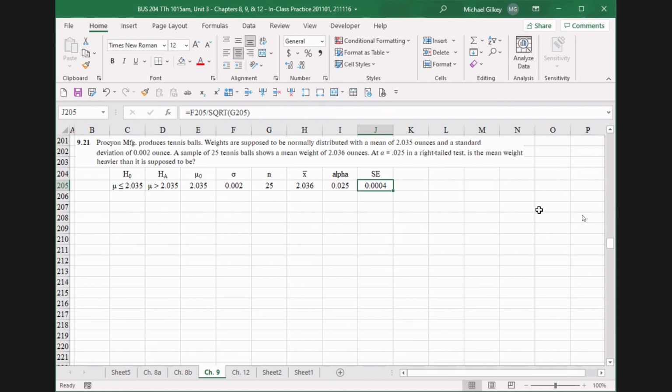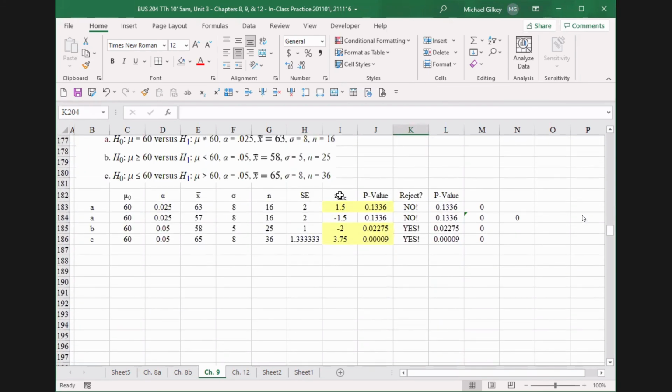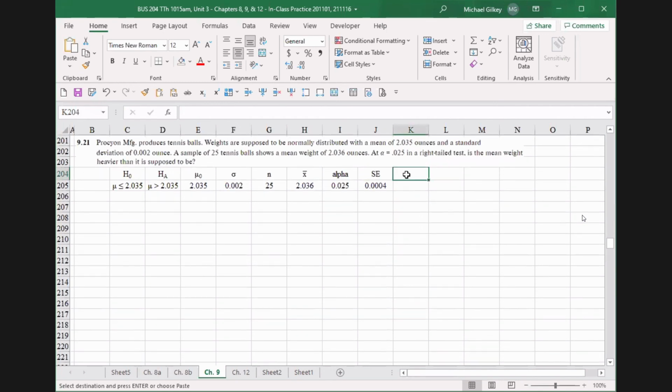Now, does that difference look very big? Yes, very much. As a matter of fact, how many standard errors is that? What's my z-calc going to be? Can you do my z-calc without doing the standardized function?